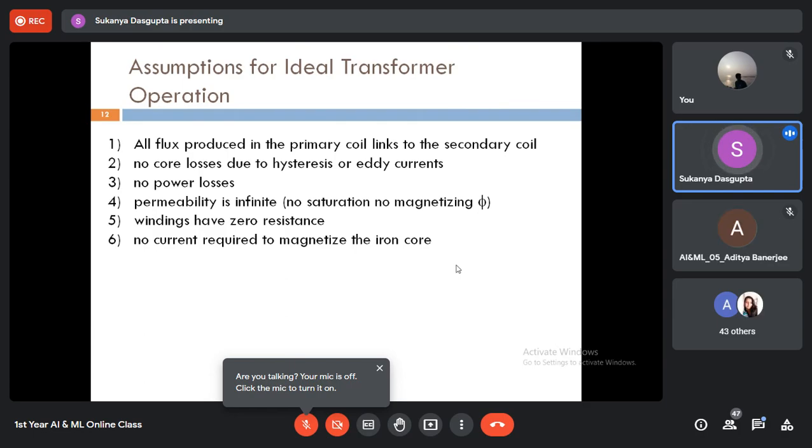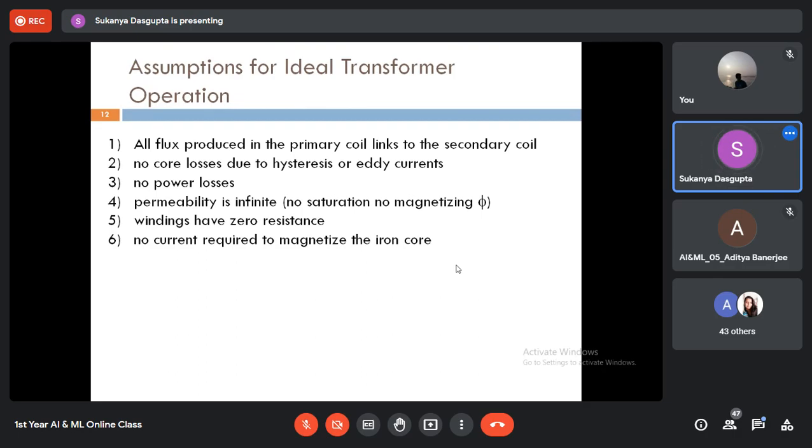Actually, in practice, in real transformers, there should always be some current flowing in the primary winding so that the core can be magnetized always. In reality, in practice, the core should not be demagnetized.